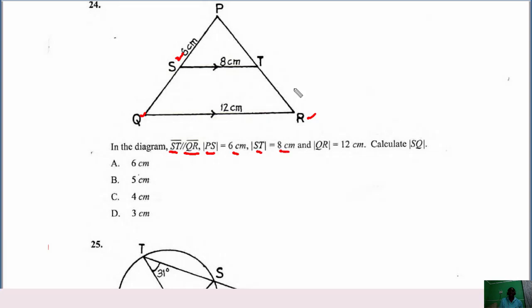ST is 8 centimeters. QR is 12. So since they are parallel, we can say they are in correlation. They are equal. So we can say that 8 over 12 should give us 6 over x plus 6.